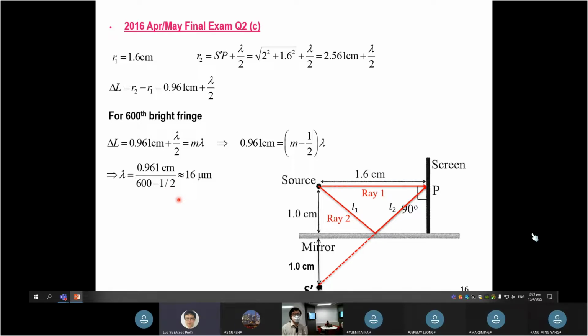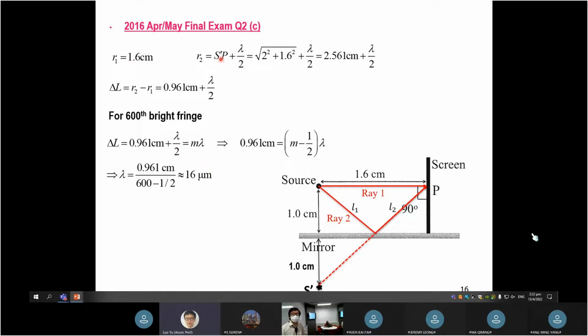Then if you correctly find the optical path difference in this way, you will already be awarded 4 marks. So the last part is only 1 mark. Setting it to 600 is only 1 mark. This half lambda is 2 marks.